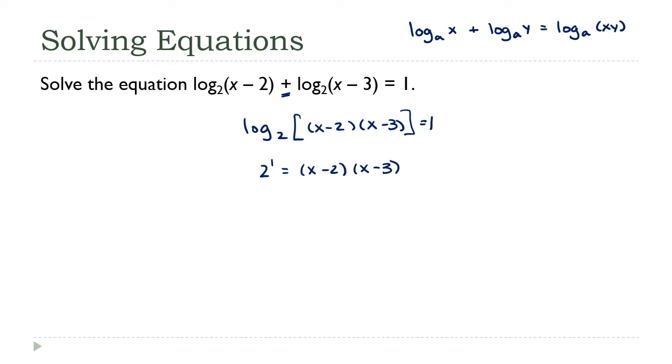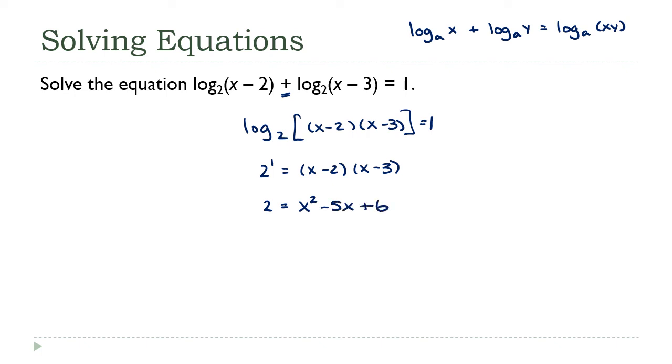And again, we've got a polynomial equation. It'll be quadratic in a minute here. And the only way to handle this is to multiply it out, set it equal to 0, and go forward from there. Well, 2 to the first is just 2. The right-hand side becomes x squared minus 5x plus 6.